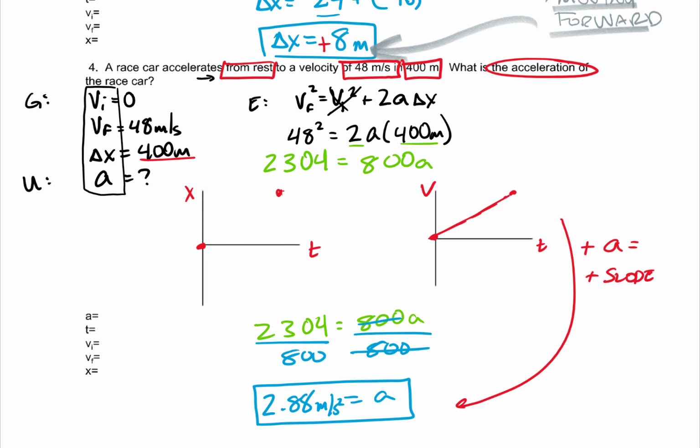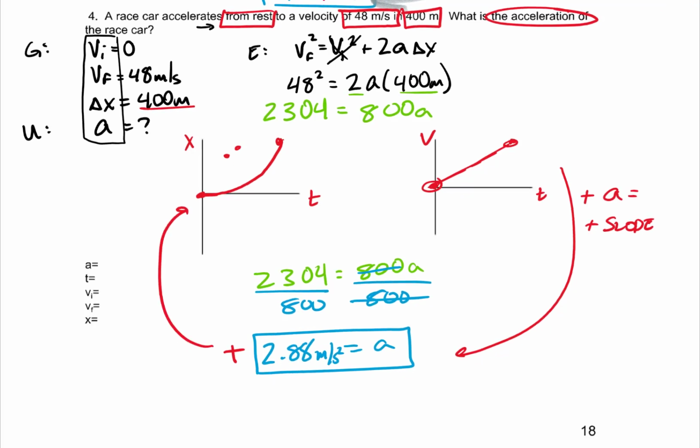We're going 400 meters forward, so we're going up. Now, my velocity starts off at 0, so my slope has to start off at 0. My velocity ends up positive, so we're going to curve up, which again makes sense. We have a positive acceleration, so we need to have a positive curve or a smiley face for being concave up.